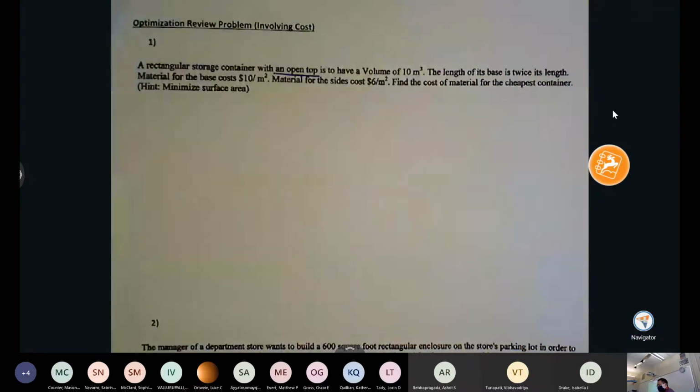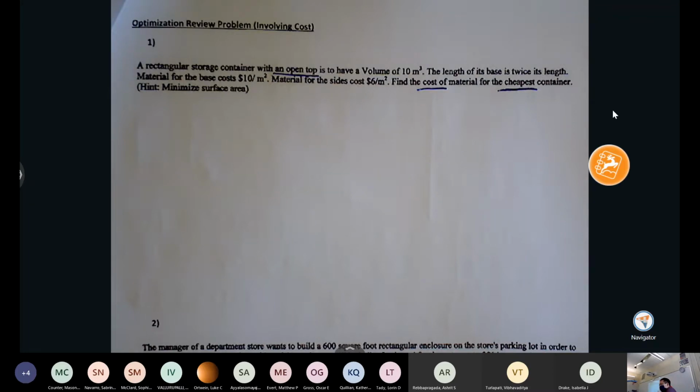So first thing we do is look at the keywords, right? The keyword here is cheapest. It's describing cost. So we want to know what's going to be the minimal cost. Right? So we know that we're trying to get to the cost equation. Now cost is going to be associated with the material that we use to build the box, or the container.